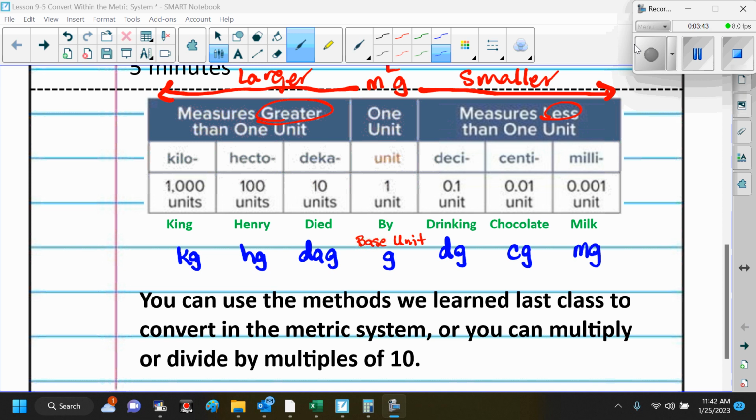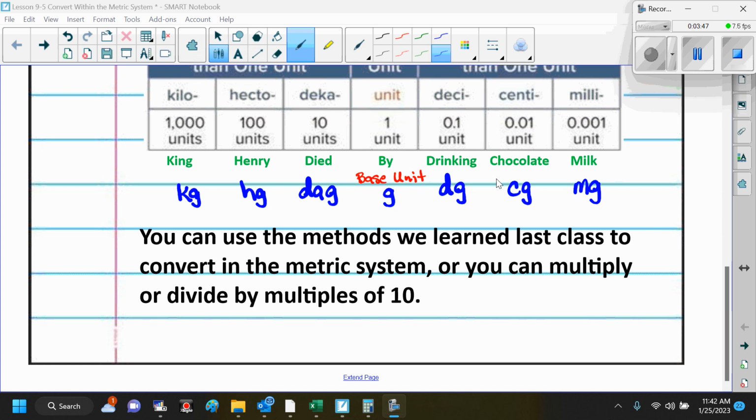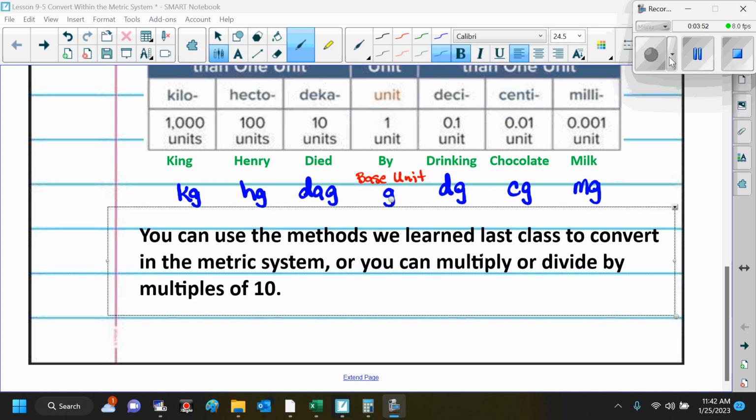Now, if I'm multiplying times a multiple of 10, what are we doing? So, we are moving the decimal. If we're multiplying times a multiple of 10, which way are we moving? To the right. If I'm dividing by a multiple of 10, we're moving to the left.